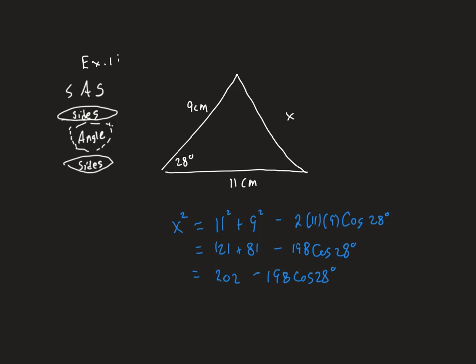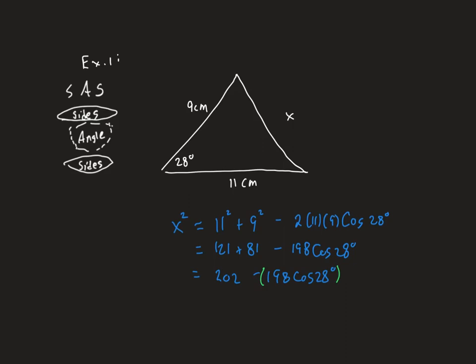So that's why I suggest to wait until you get to this step here and then put it into your calculator. And when you put it into your calculator, you want to do 202, and then you want to subtract away, and then you want to put brackets around this, and that should give you a more accurate answer. Okay?